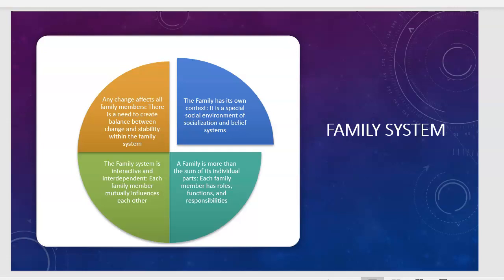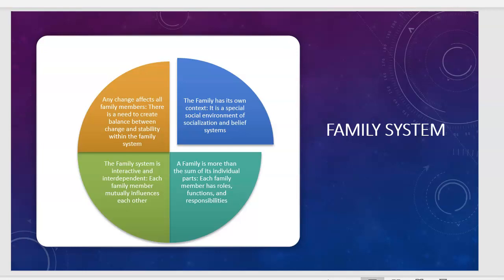The whole family needs to interact. Some families interact more than others. Some families are more dependent and interdependent than others. Any change affects all family members. There is a need to create balance between change and stability within the family system.